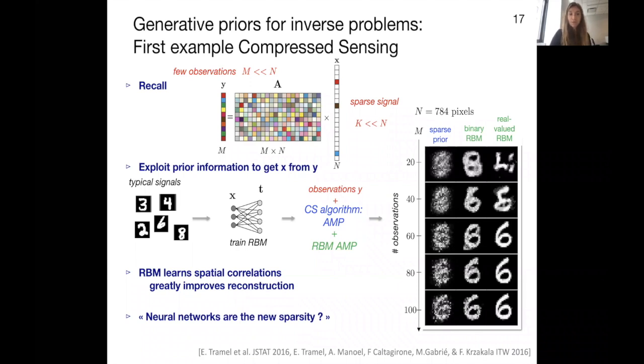Is there a way to quantify the robustness of that? Even for 20 or 40 observations, the RBM seems to really decide on some form rather than give you a diffuse cloud. So I was wondering, in terms of quantifying the uncertainty of these reconstructions and realizing at what point the reconstruction is believable, in what sense?